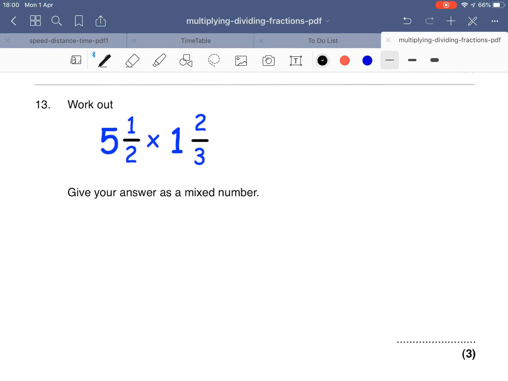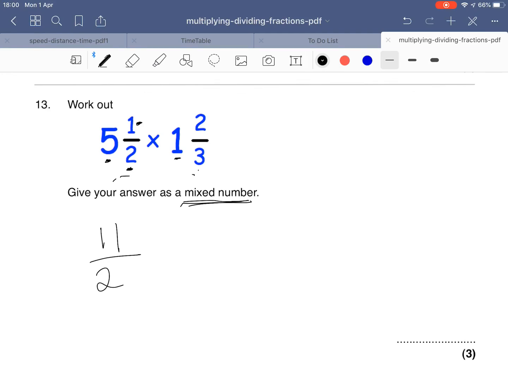Alright, next one. We've got to work out 5 and a half times 1 and 2/3. Give your answer as a mixed number. So they want it in a mixed number again. These are mixed numbers, so I'm going to first put them into improper fractions. I've got 5 lots of the 2, which is 10. Add my remainder 1, so I've got 11 out of the 2.